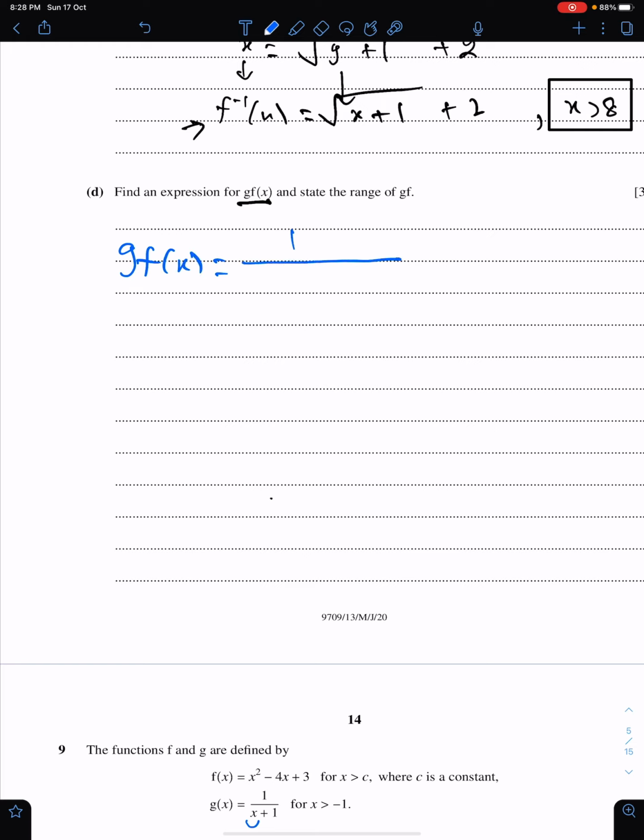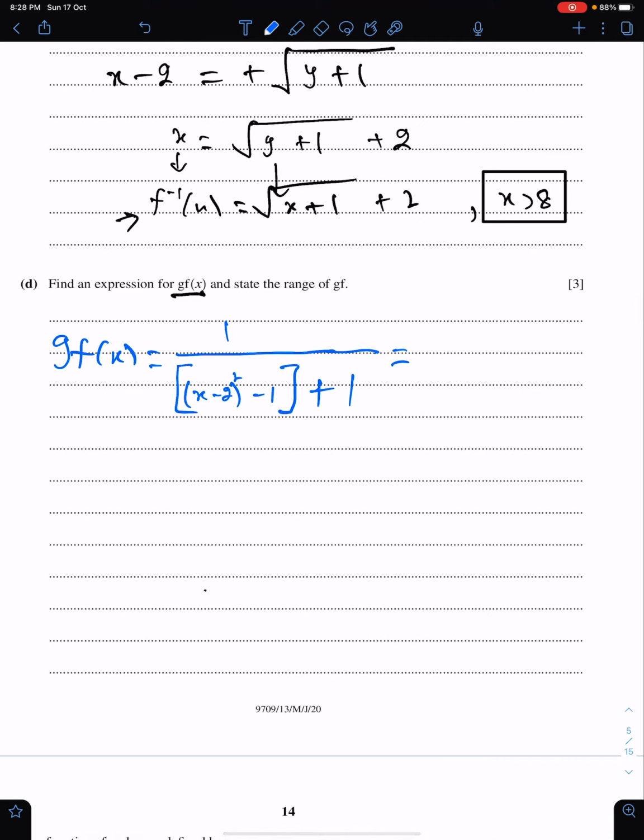And f is this x minus 2 whole square minus 1. So when we simplify this, we will get 1 upon x minus 2 whole square. That's it. So this is the expression of gf.